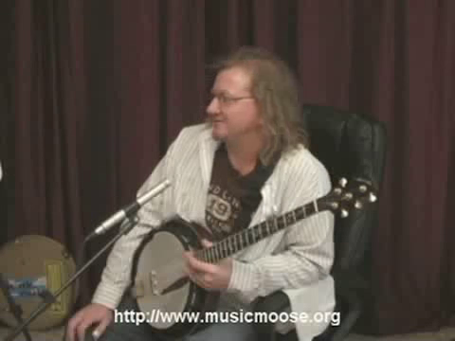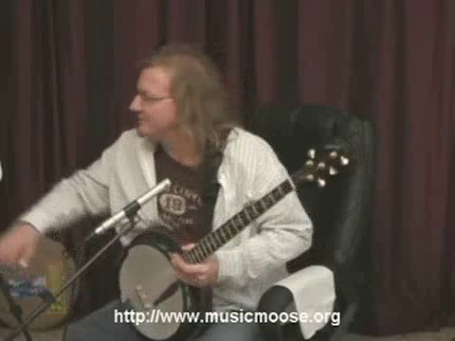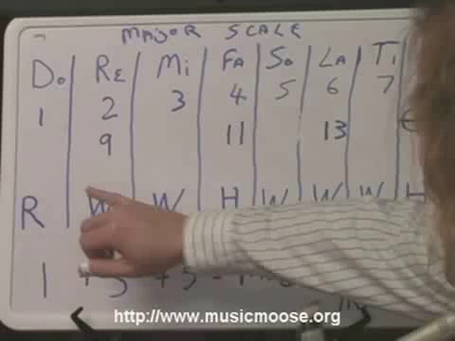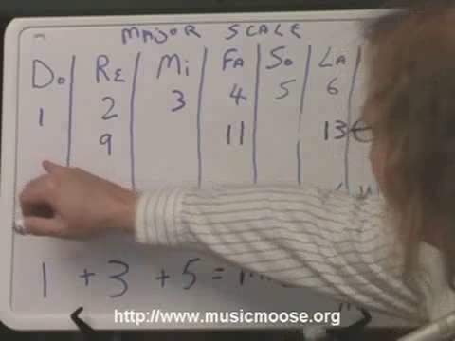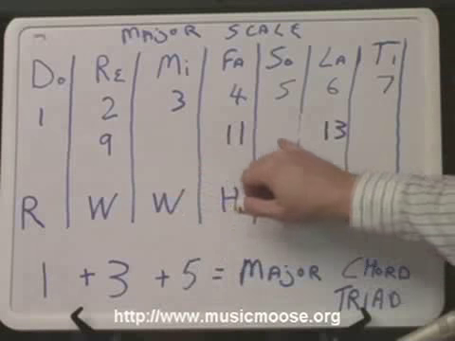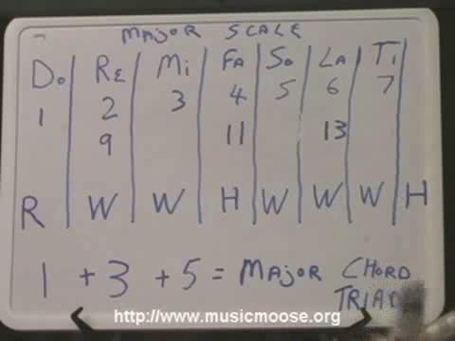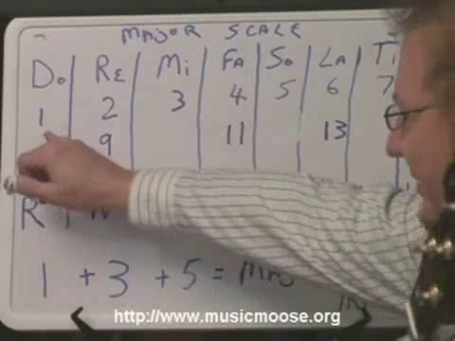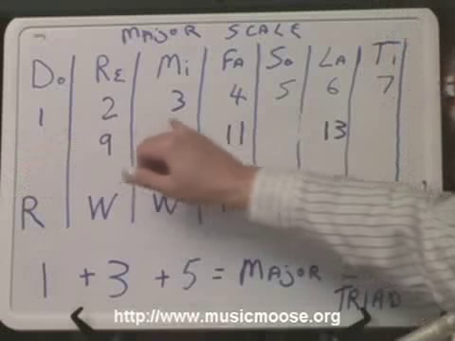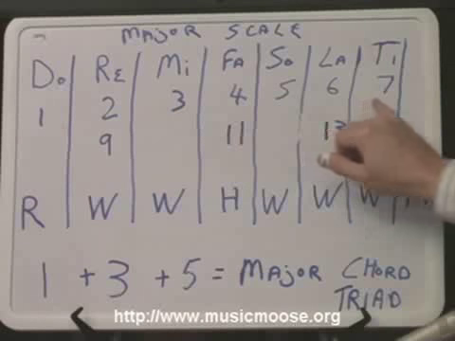Let's get back to the chart now. If you remember in the last segment, I erased some numbers. I erased the 8, the 10, the 12, and the 14. The reason I erased those numbers is because in our chord construction, the basics that we're going to be working with are the degrees of 1, 3, 5, and 7.